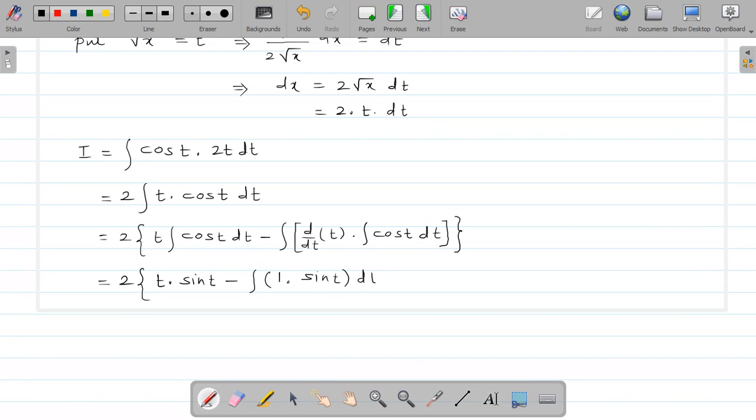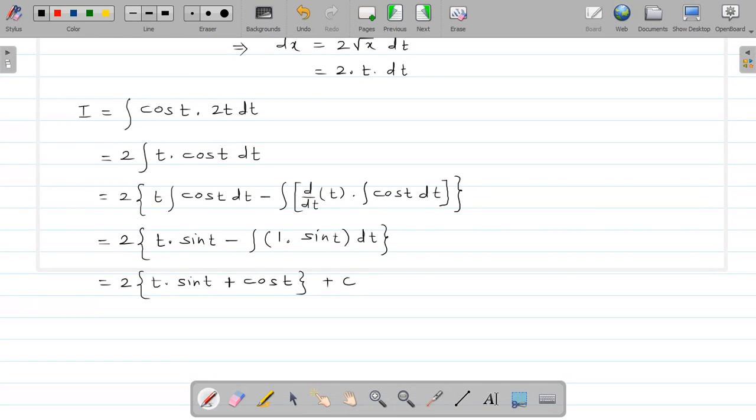So next 2 into bracket t into sin t minus, now here we have to evaluate the integration of 1 into sin t, but integration of sin t is minus cos t, so minus minus becomes plus here, that is cos t, and plus integration constant.